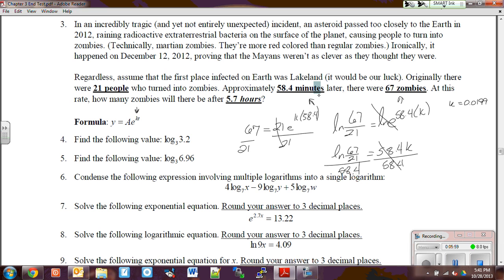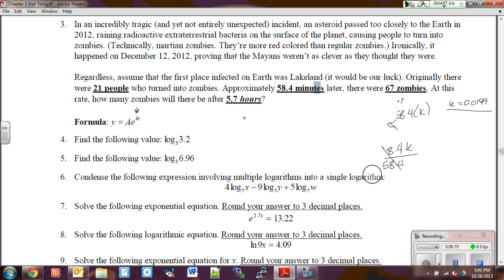Now, what I would suggest doing on a calculator is storing that value as k. So then when you go back, you can use the entire decimal place because it does actually change the answer pretty significantly. Now let's find out how many they're going to be after 5.7 hours. So now we don't know y.